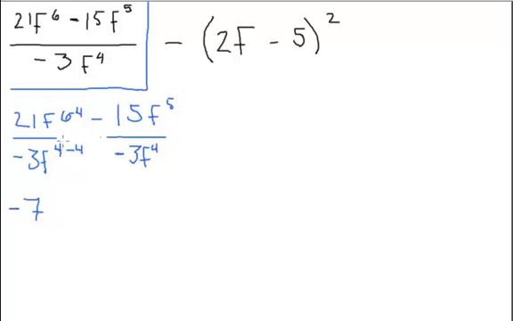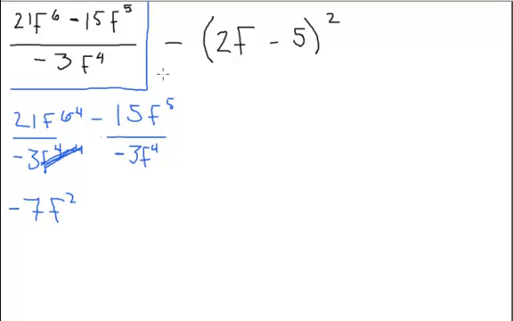The smaller exponent between 6 and 4 is 4, so that's why I subtracted by 4. So there's no f in the bottom, because 4 minus 4 is 0. f with 6 minus 4 is f^2.